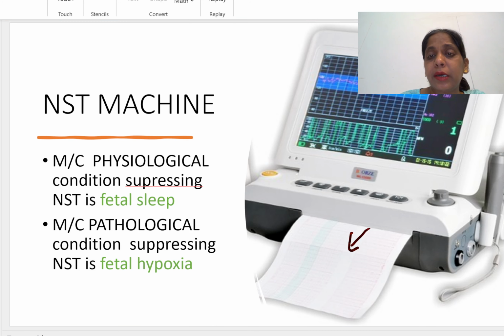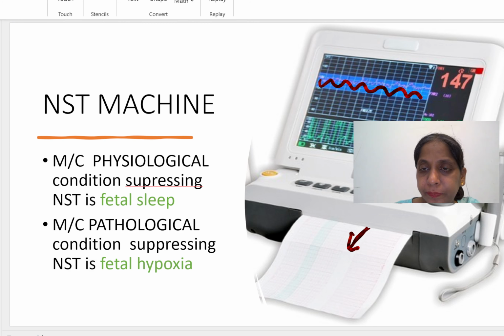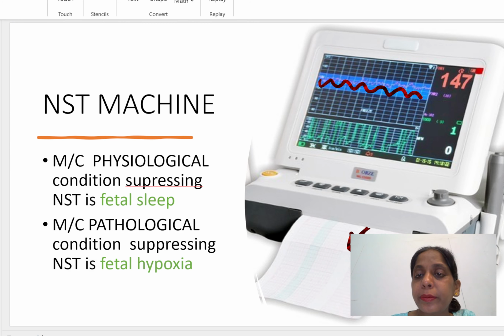This is an NST machine. You can see the paper coming out, and the graph on the paper is also on the monitor. This 147 is the fetal heart rate.